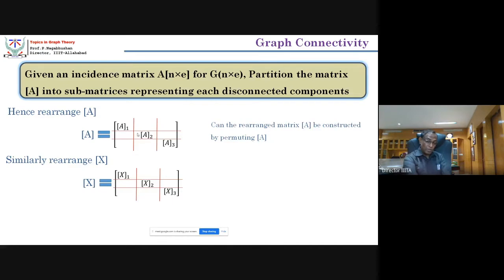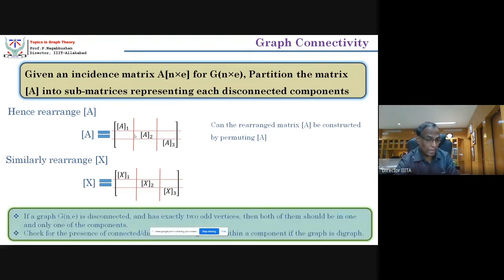This is without really partitioning the vertices. If I give a matrix and then ask you the question, I do not know how many components are present, find out the components, then you have to go for partitioning the vertices, the vertex matrix. So these are the 2 versions of the problem, both of which are entirely different.